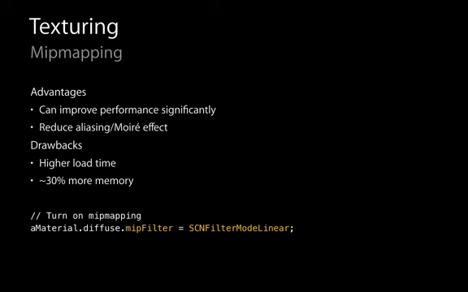It has some drawbacks, though. It takes more time to load, and it also uses slightly more memory. To turn on MIP mapping, just set the MIP filter property on a material's SCNMaterialProperty. Set it to linear to turn it on and none to turn it off.